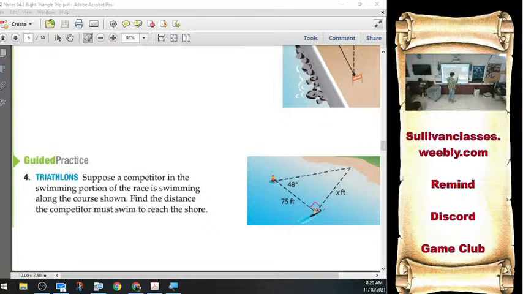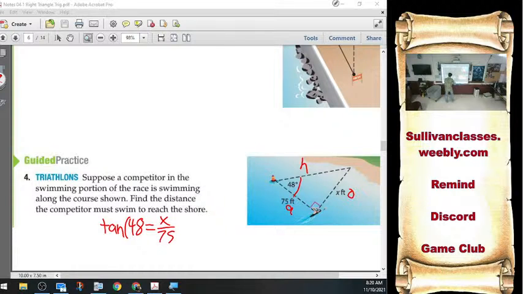So first thing we do is we label these since we have this degree. So this is adjacent, this is opposite, and this is hypotenuse. We have adjacent and opposite, so that means we're using tangent, which is opposite over adjacent. Tangent of 48 equals x over 75.